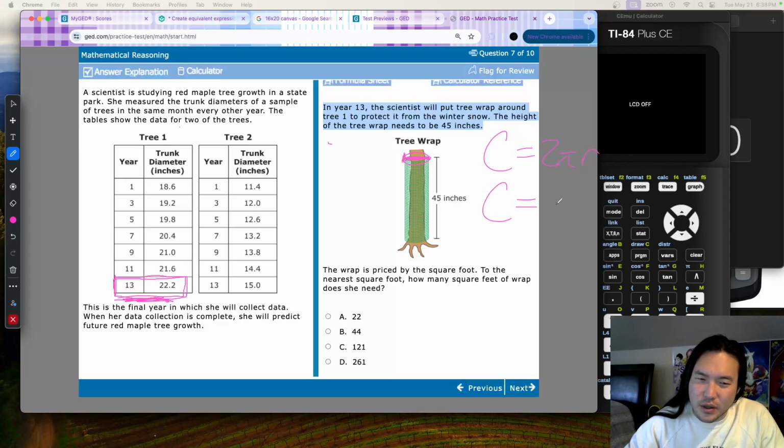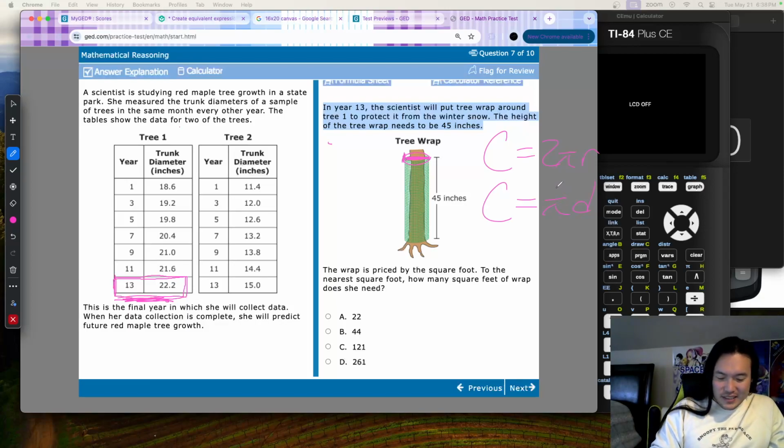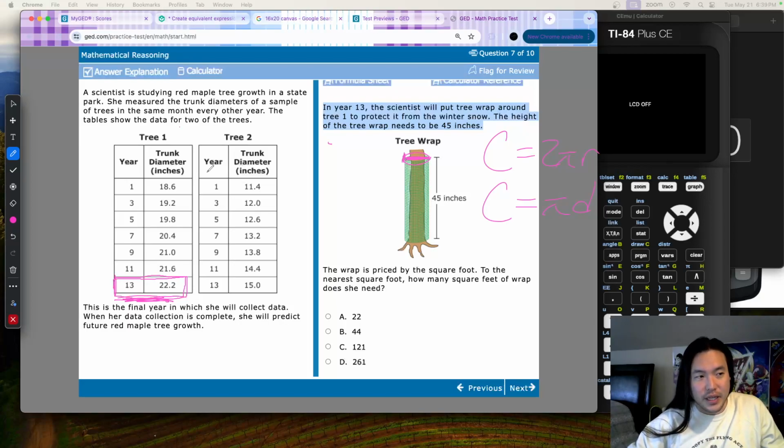Circumference is also equal to pi times the diameter. I don't want to give away the answer, right? Oh, there's another thing that you need. They're asking, you need to convert to feet. Make sure you're converting to feet.